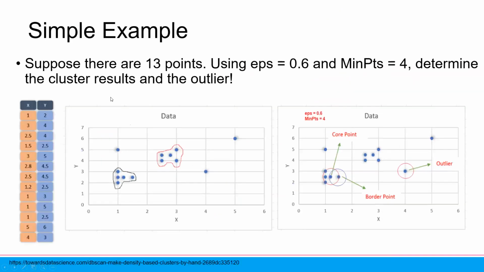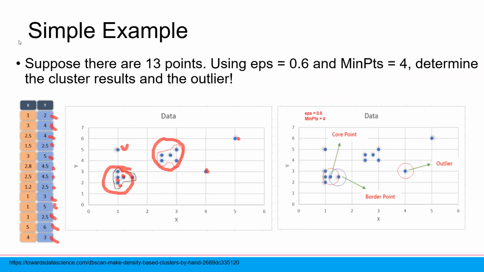Let's see with an example. Okay? It will be easier with an example. Suppose we have 13 points: 1, 2, 3, 4, 5, 6, 7, 8, 9, 10, 11, 12, 13. If you plot, maybe the plot will be something like this. If you look at this data, maybe the cluster would be something like this, and the cluster would be like this.